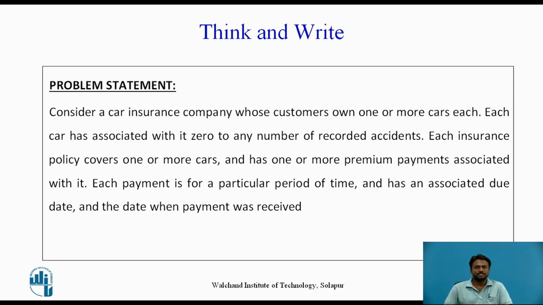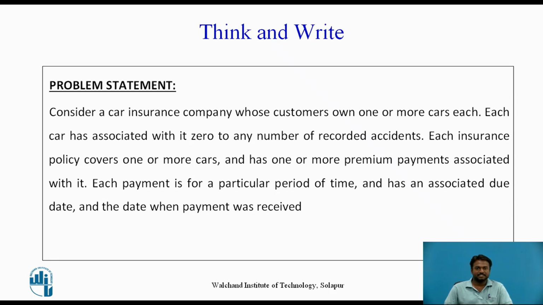Consider one more problem statement here. Consider a car insurance company whose customers own one or more cars each, and each car has associated with it 0 to any number of recorded accidents. Each insurance policy covers one or more cars and has one or more premium payments associated with it.